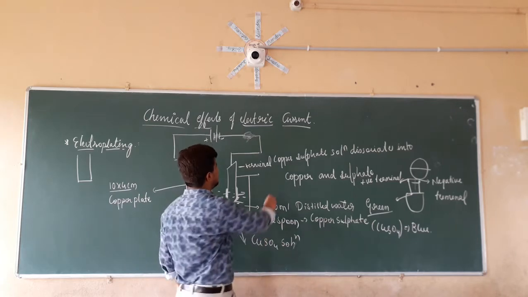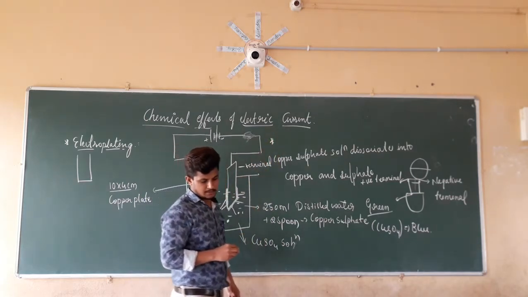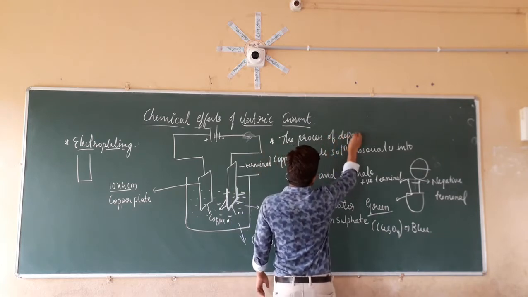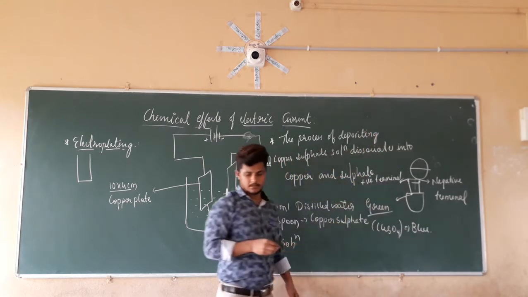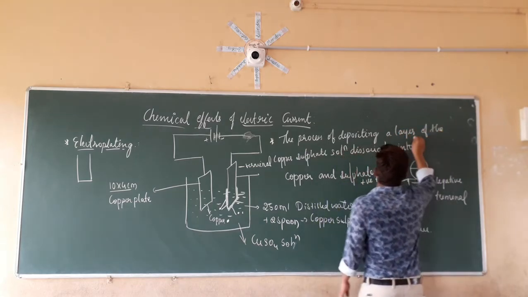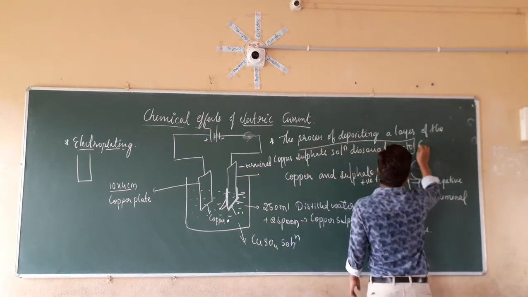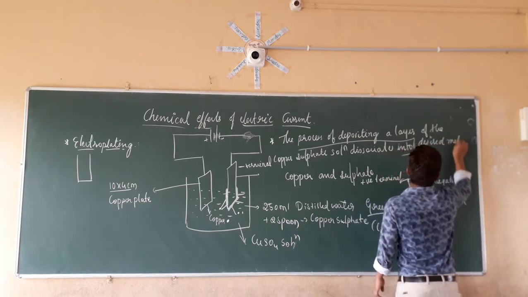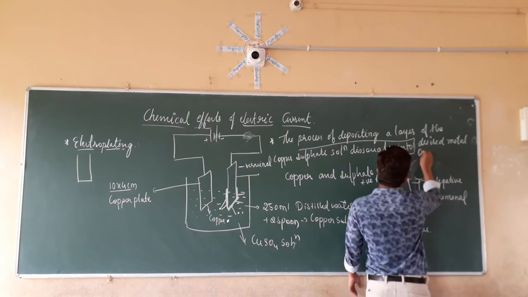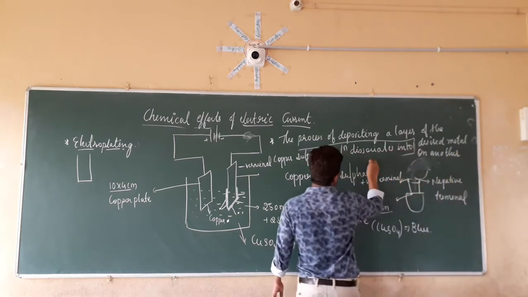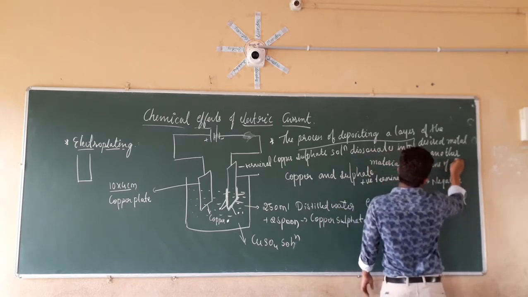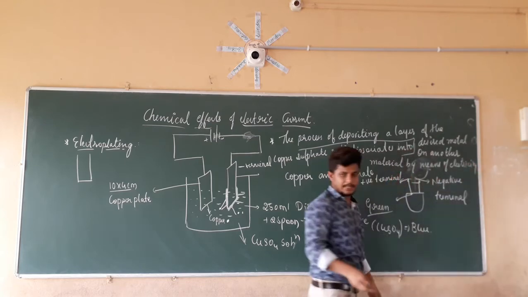If you want to give the definition of electroplating, you can give it as: the process of depositing a layer of the desired metal on another material by means of electricity, that is nothing but electroplating.